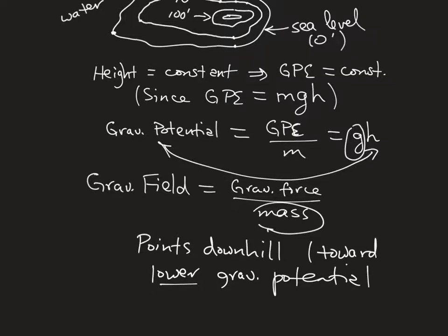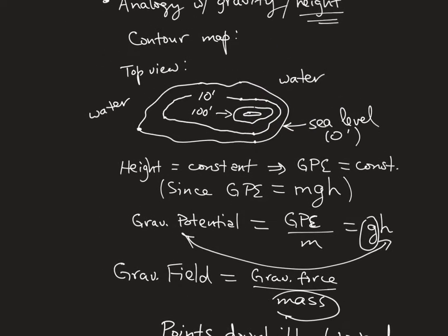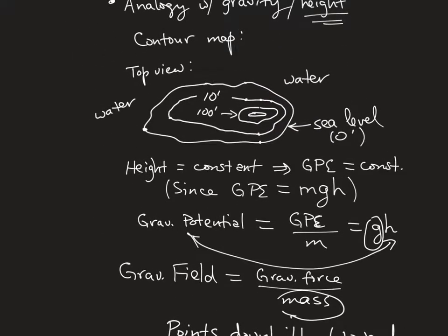So all those questions in that part of the lab are just trying to build your intuition about the fact that if I know what the gravitational potential looks like, and I have those contour lines, then I also know what the gravitational field looks like.